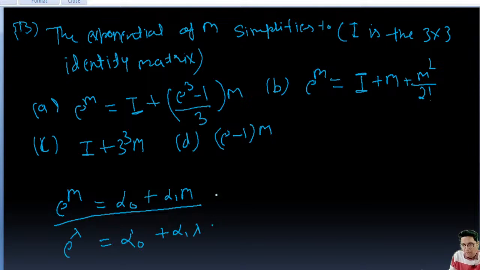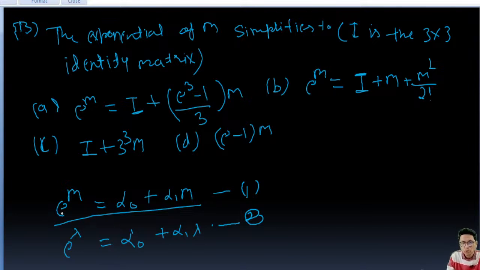This is equation number 1 and this is equation number 2. With the help of equation 2, we will find the values of alpha 0 and alpha 1.